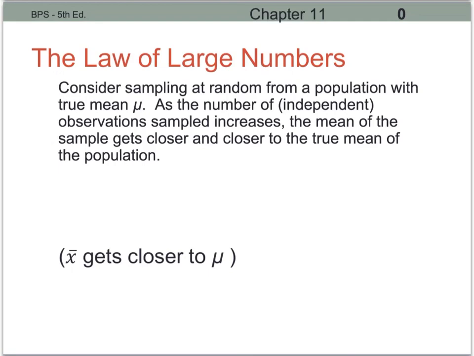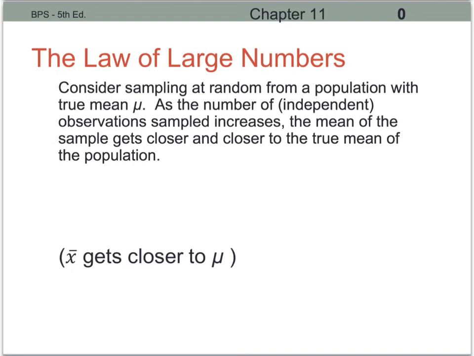The law of large numbers tells us that if we sample at random from a population with a mean of mu, as we increase the number of observations we sample, the mean of the sample gets closer and closer to the true mean of the population. If we got the whole population, we'd have the actual whole mean.